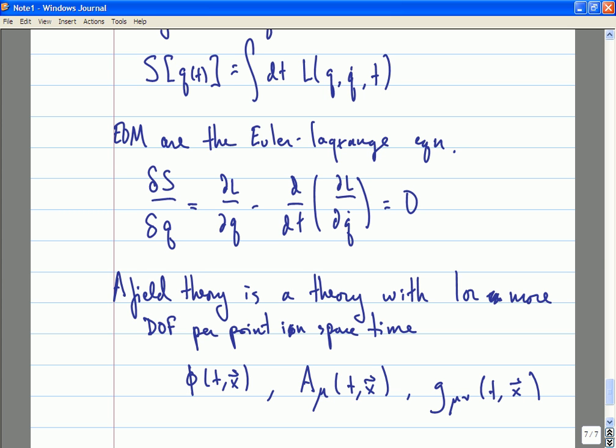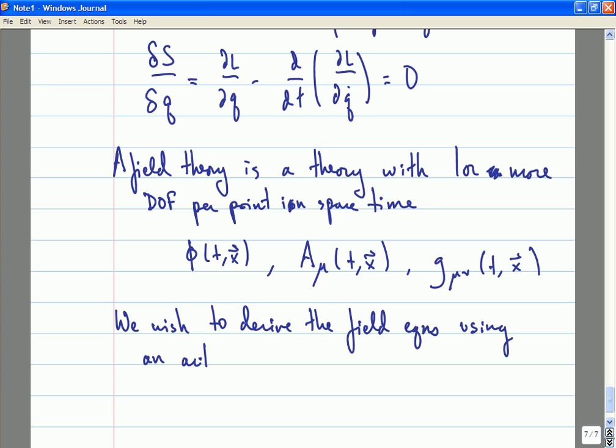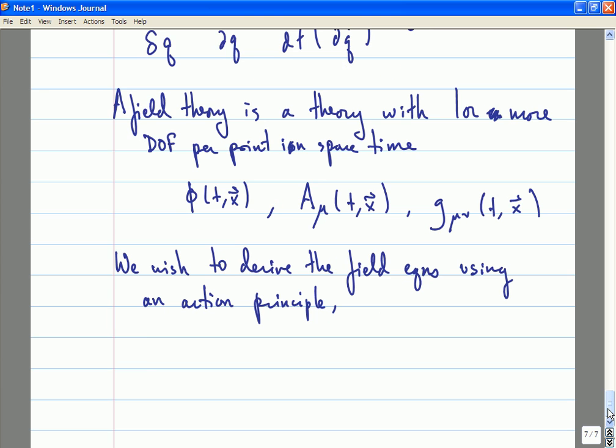And so what we seek is an action principle. So we wish to derive the field equations using an action principle. So, for example, in general relativity, we will seek an action which depends on the metric of spacetime.